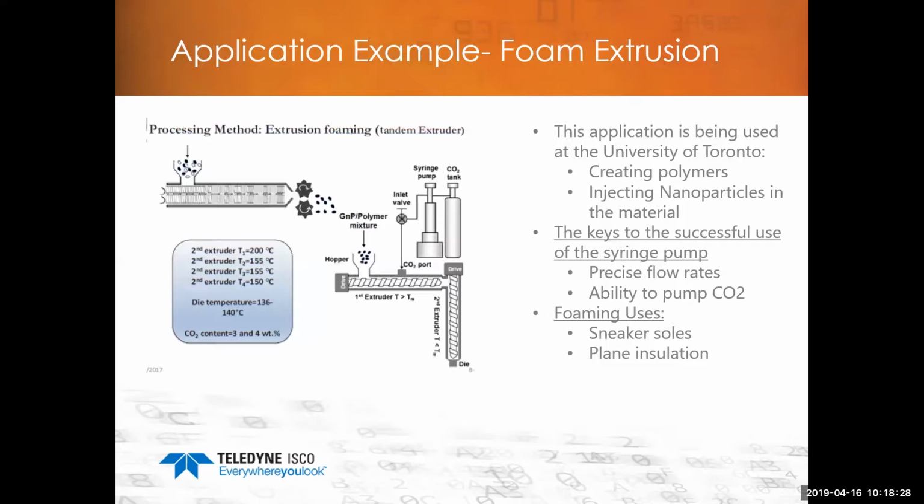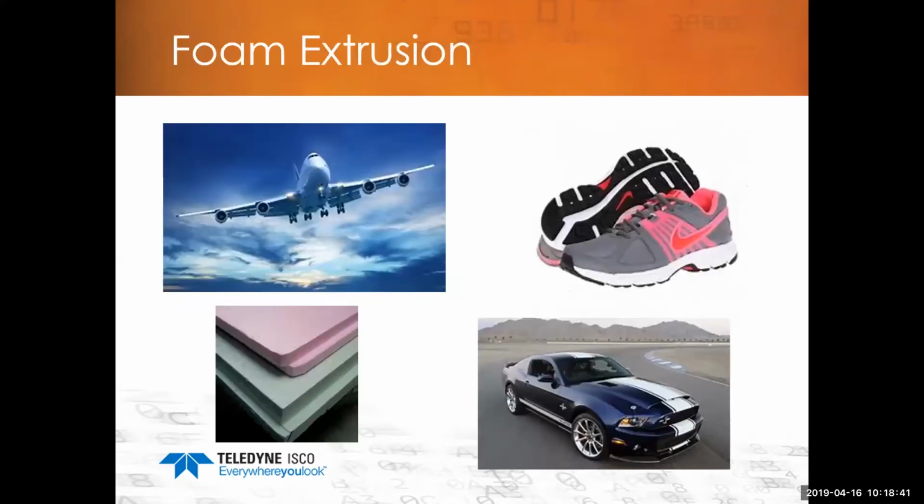They're injecting nanoparticles into specific materials, making a material a little stronger and more viable than it might previously have been. And then there are certain things where foam is used, right? You can use foam injection for panels on planes, soundproofing panels, sneakers or soles, and sound deadening panels in cars.